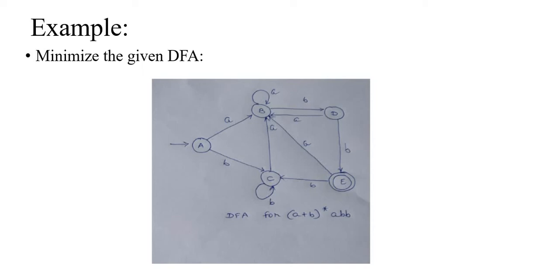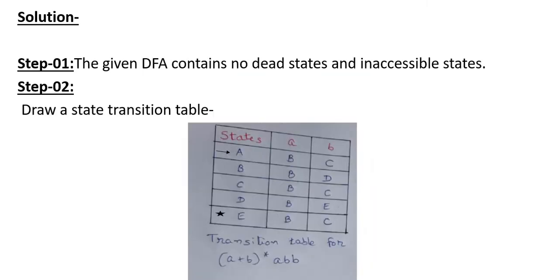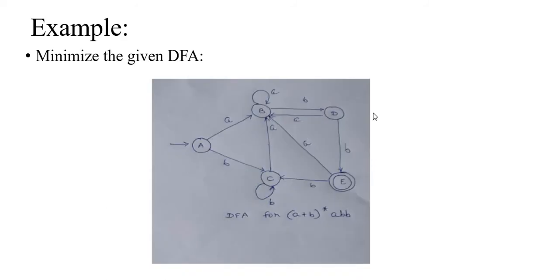So we have the DFA for (a|b)*abb. Then how to minimize this DFA? First, the given DFA contains no dead state and no inaccessible state.